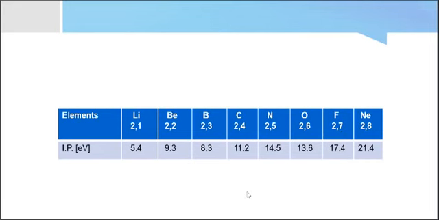The atomic size will decrease, so because of the increased nuclear force of attraction, it will become difficult to remove the electron from the valence shell. So we need to give more energy to the atom for the electrons in the outermost shell to leave the valence shell.